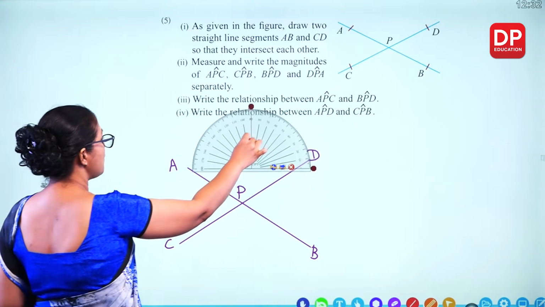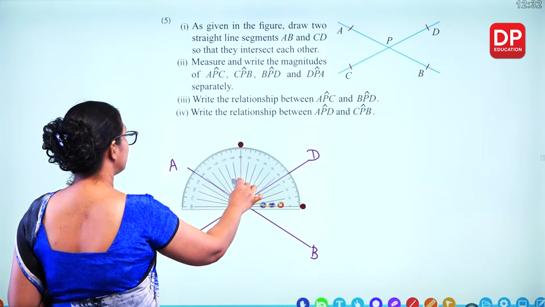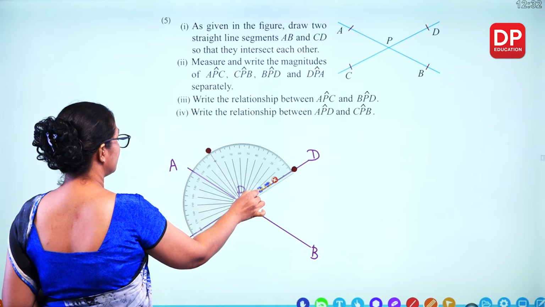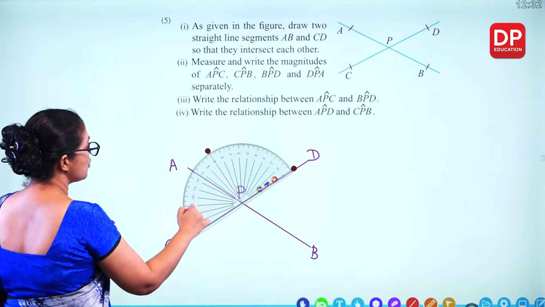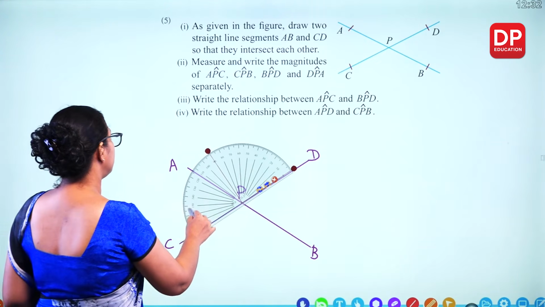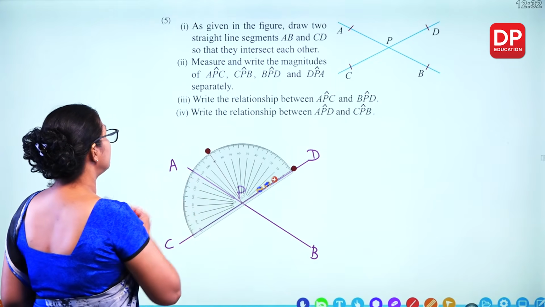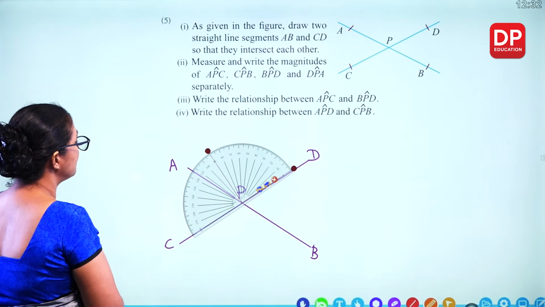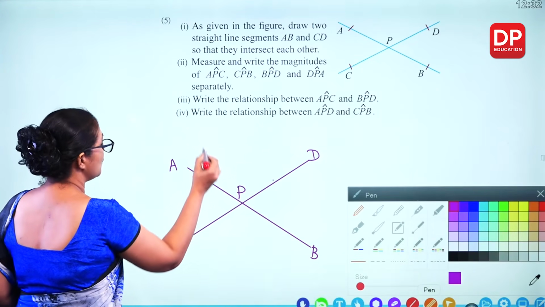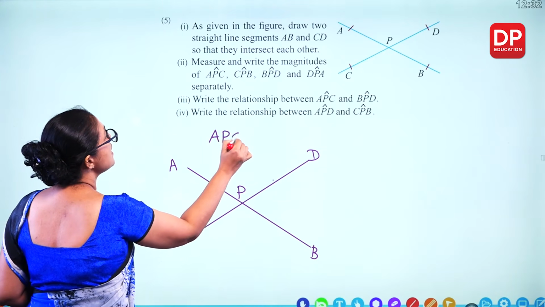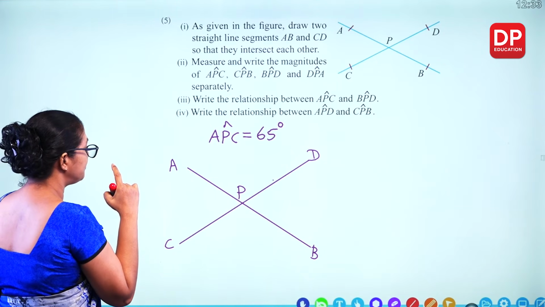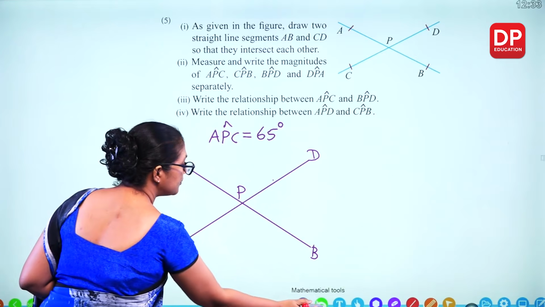We'll measure APC first. So here to here. APC angle, I get 65. So APC angle is 65. CPB, this angle.